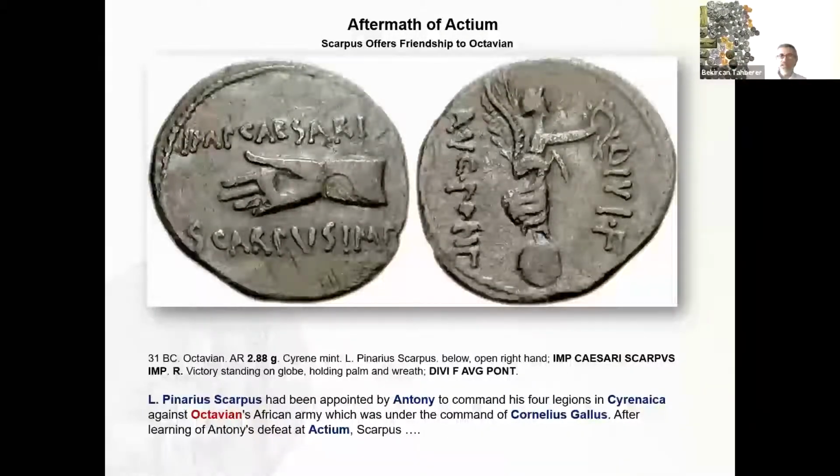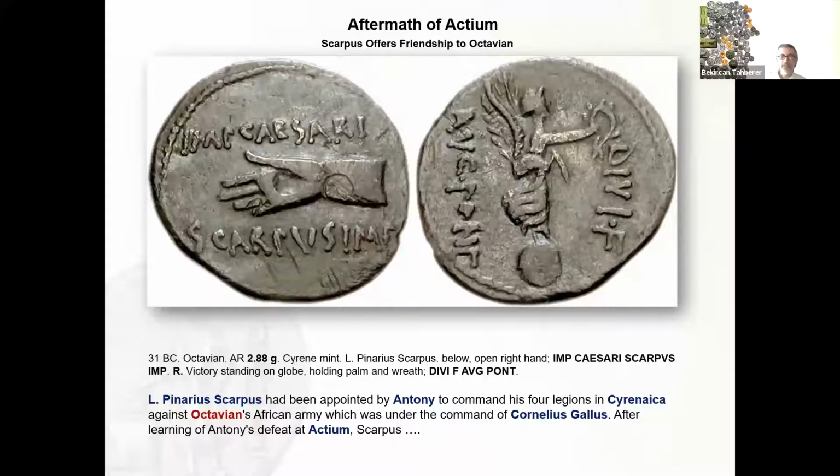Octavian is successful and peace is back. And to attest to that, Scarpus, one of the generals of Antony, offered his friendship to Octavian, and Octavian immediately minted these coins to advertise his influence, his power over the military powers against him.